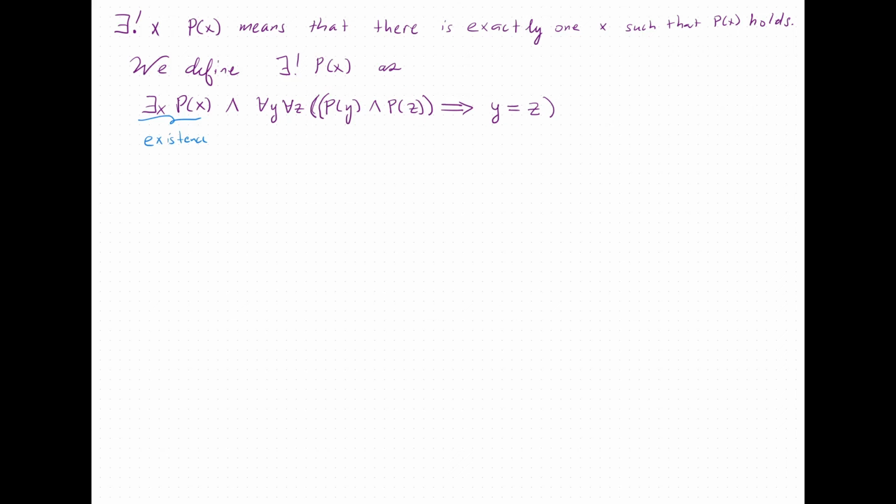And so now we have that since we have our x here, such that P of x holds to be true, and then this implication here is telling us that if P of y is true for some y, it must be the same as the x that we have here. And so that's how we define the long form for this here. And so we have there exists exactly one x, so that P of x is true.